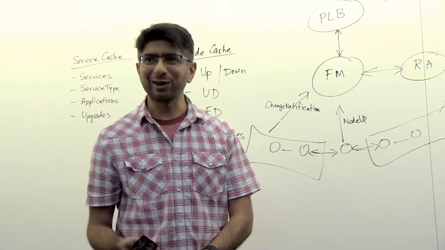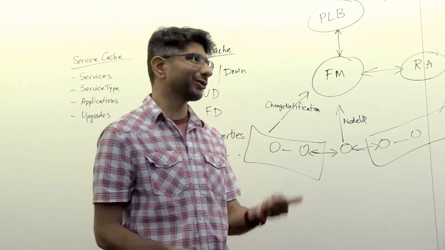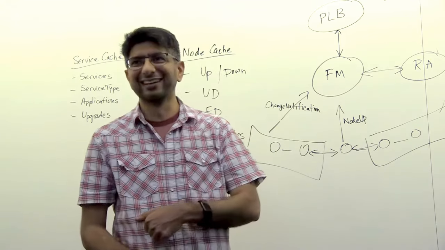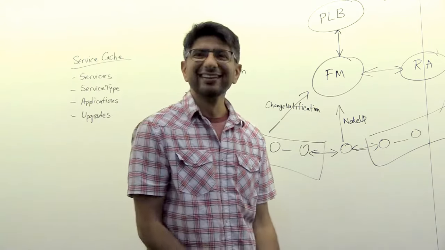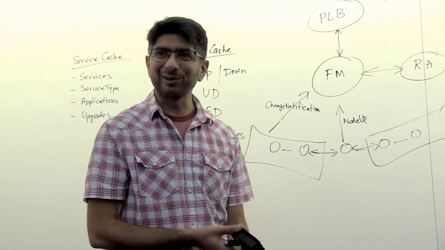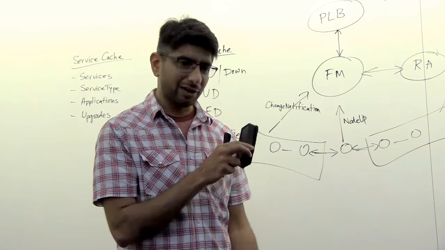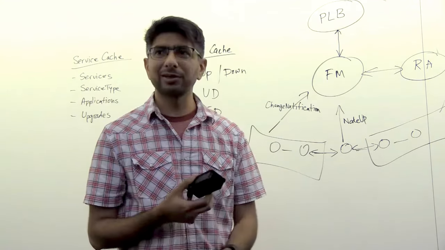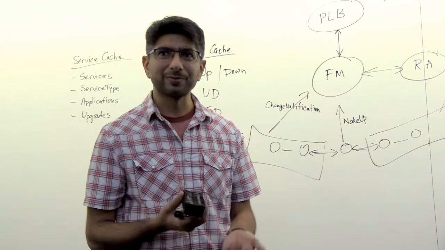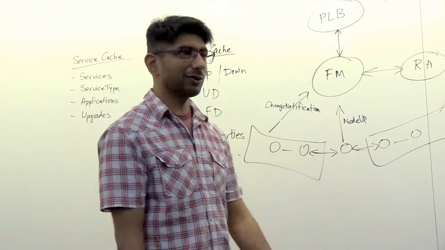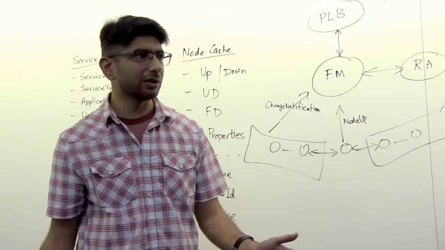Hosting says, I don't have this version, so it goes to the image store and downloads the new binaries. It runs those new replicas in the new version, and then replies back to the FM, and FM is keeping track of whether everybody has upgraded or not. Once all the nodes in the UD are done, FM says this UD is done.